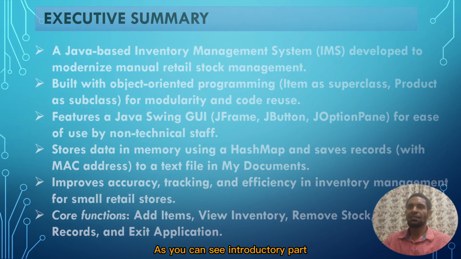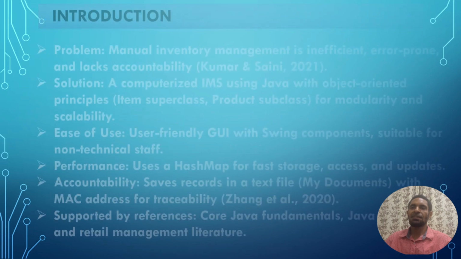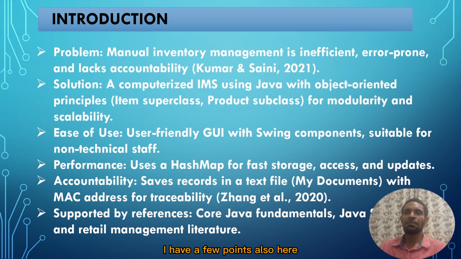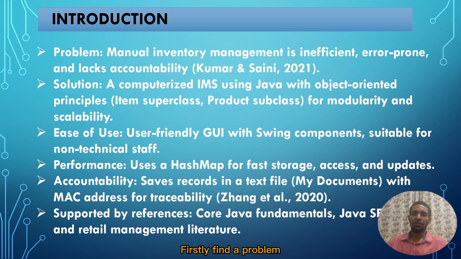As you can see, that is the introductory part. I have a few points here. Firstly, find a problem in manual inventory management systems. Secondly, come up with a solution that will help reduce this form of manual inventory system.